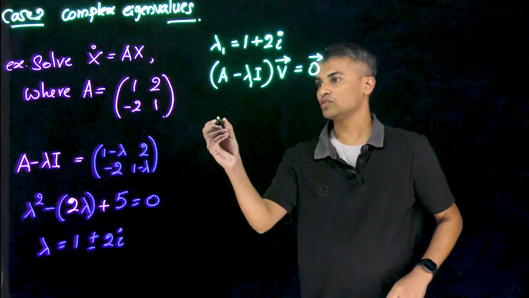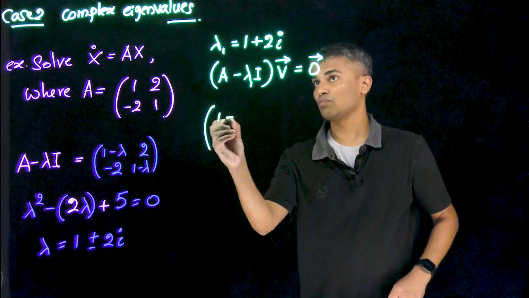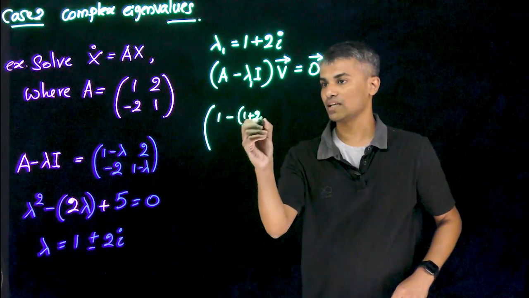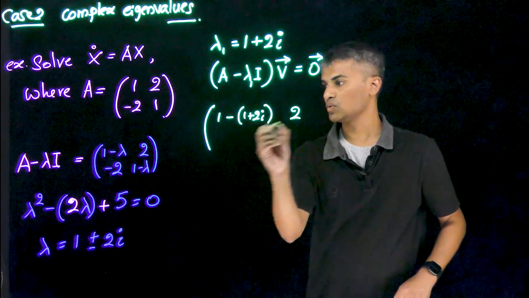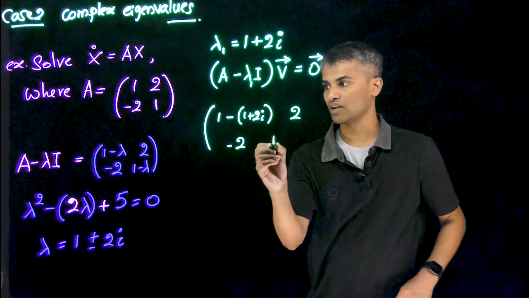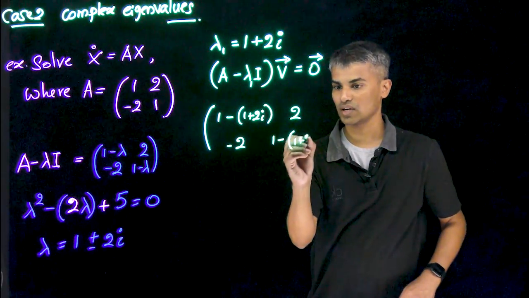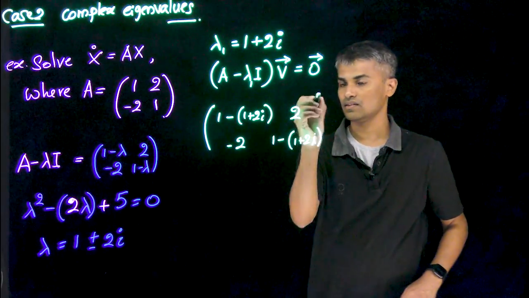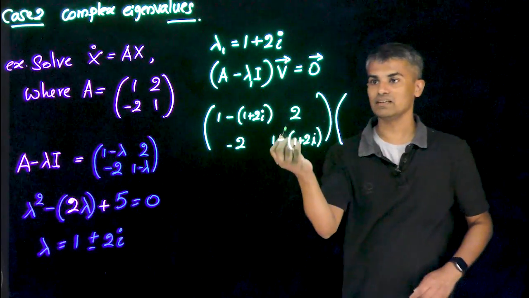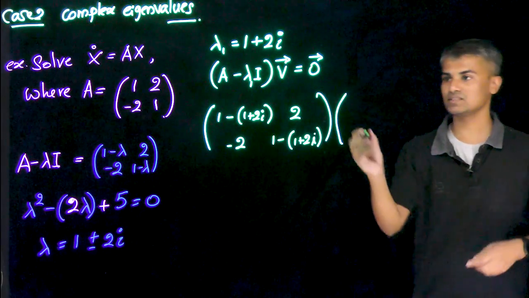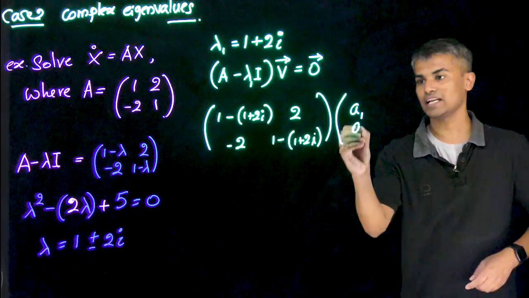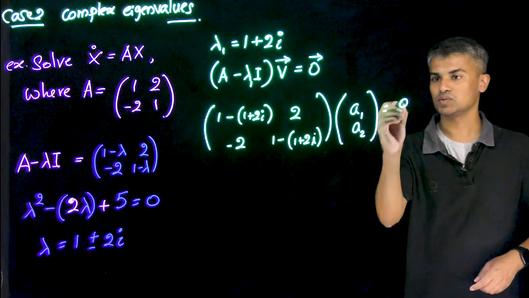If you do that, you should get 1 minus (1 plus 2i), then 2, negative 2 and 1 minus (1 plus 2i), times vector v. Vector v has two components. Let us say they are a1 and a2, equals 0, 0.